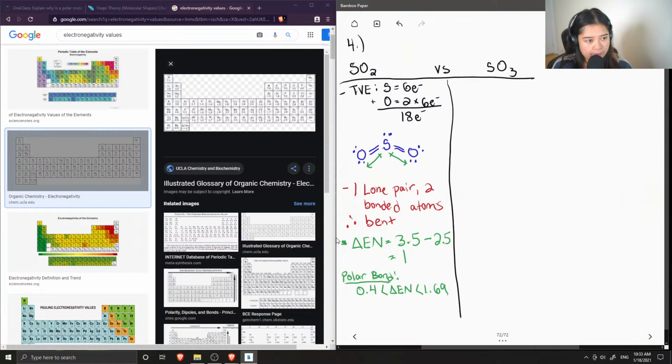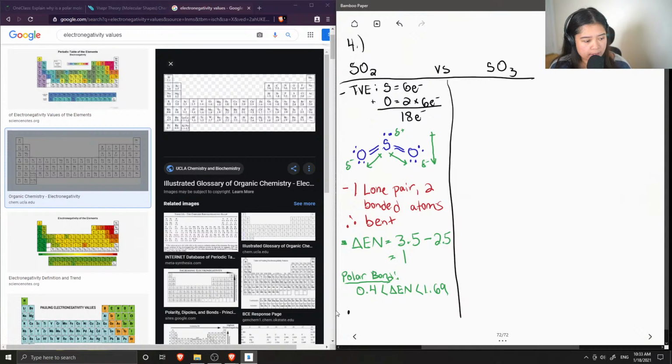Kind of like that. So we have a net dipole moment in the molecule going this way, meaning we have partially negative charges on the oxygens and a partially positive charge where the sulfur is. So notice that these dipole moments aren't able to cancel each other out, and the reason why is because of the bent shape in the molecule.